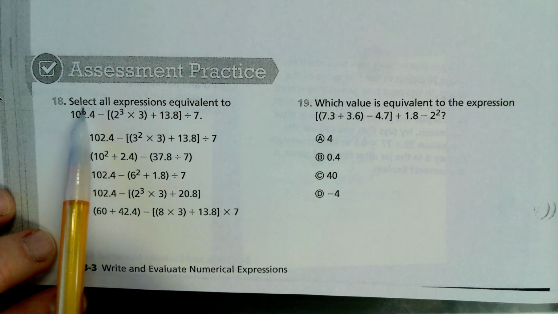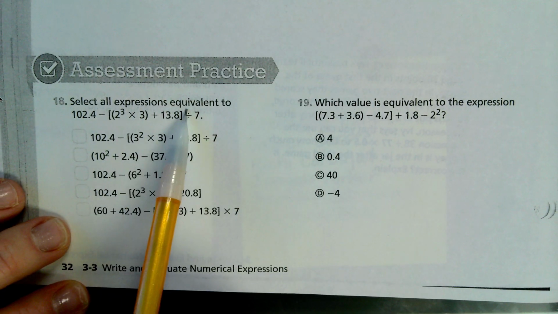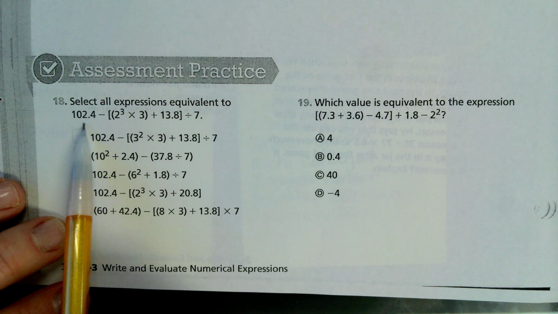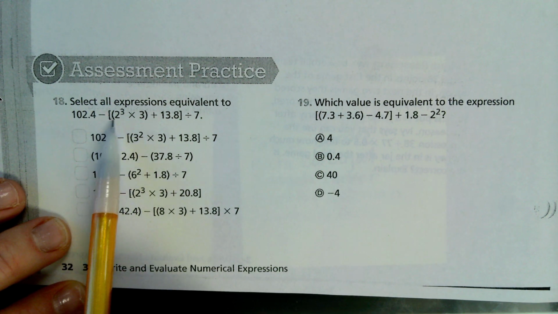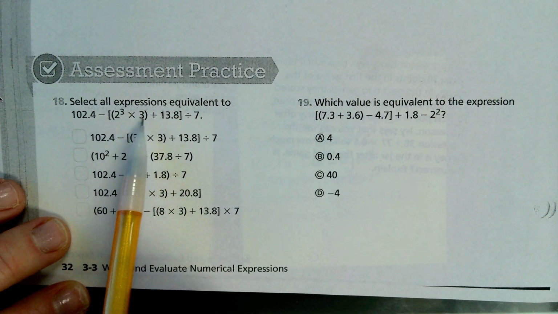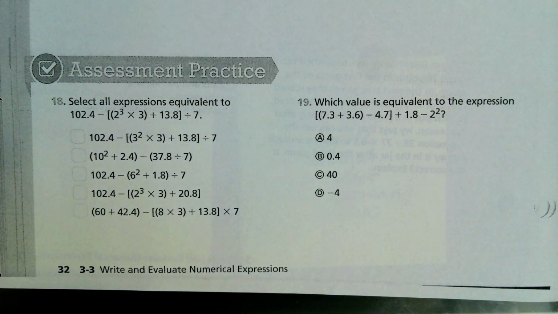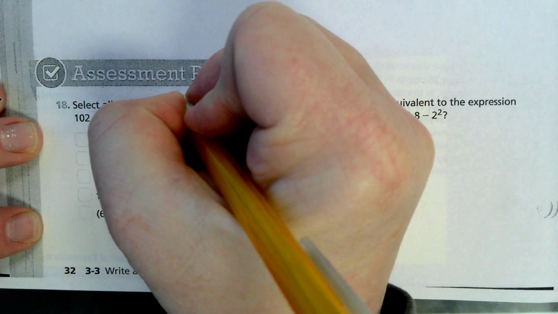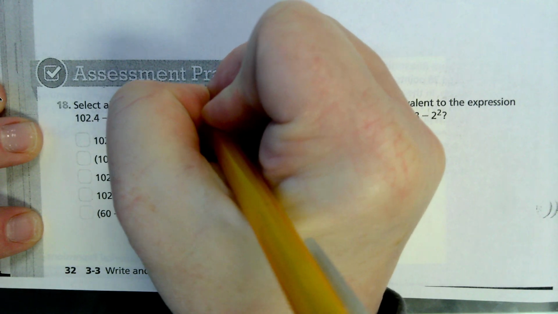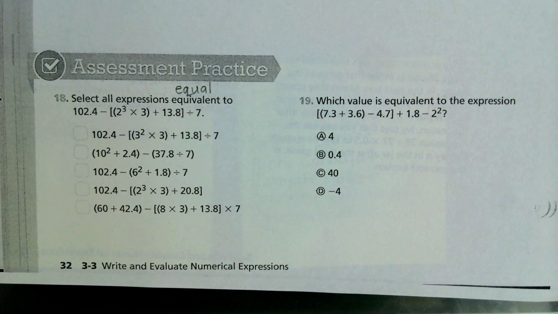Number 18 says, select all expressions equivalent to 102.4 minus, open brackets, to the power of 3 times 3 plus 13.8 divided by, that's a lot. Bring your eyebrows down, Kamara. Okay, hear me out. What does equivalent mean? The same. The same or what? What's the root word? Equal. Write that on top, just so we can keep reminding ourselves when I ask for equivalent, that means equal.